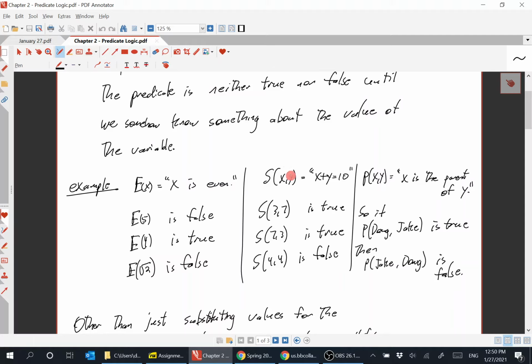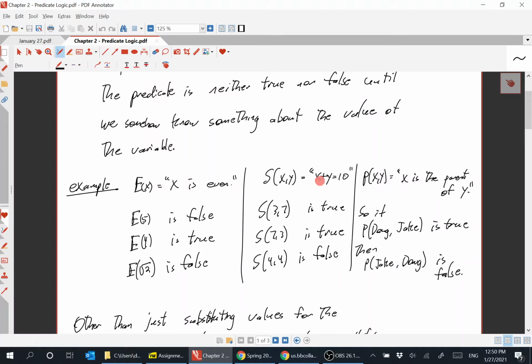You can have 2 variable entries instead of 1. S of X, Y is the statement X plus Y equals 10. So S of 3, 7 is true. S of 7, 3 is true. S of 4, 4 is false. 3 plus 7 is 10, so is 7 plus 3, because addition is commutative.